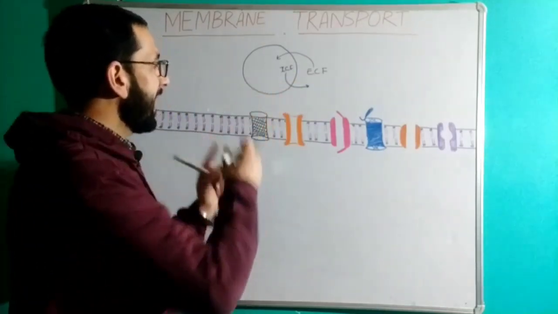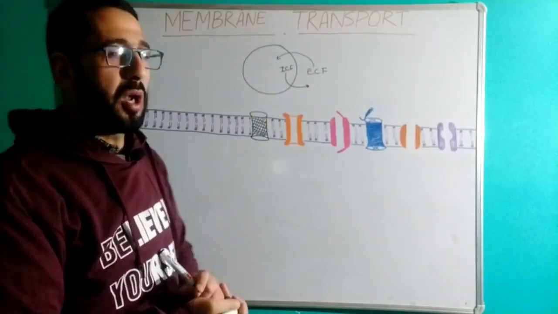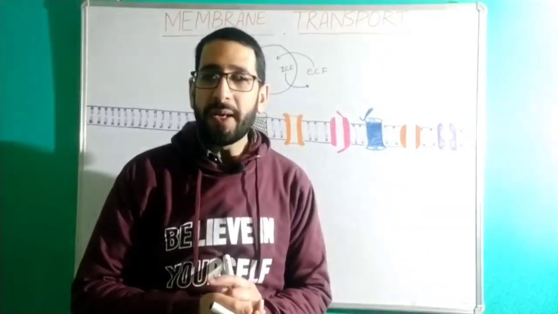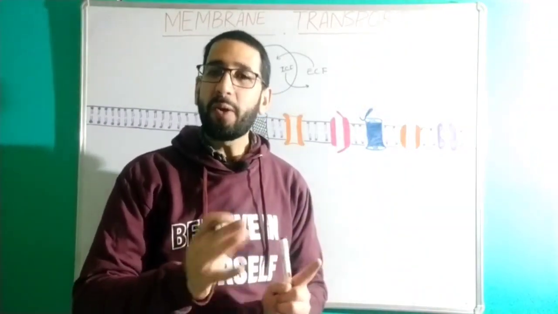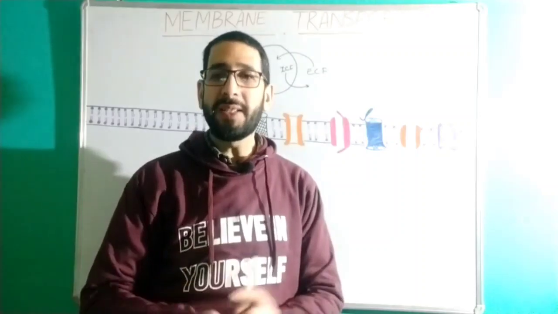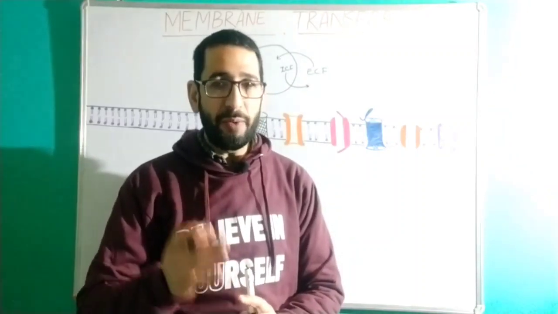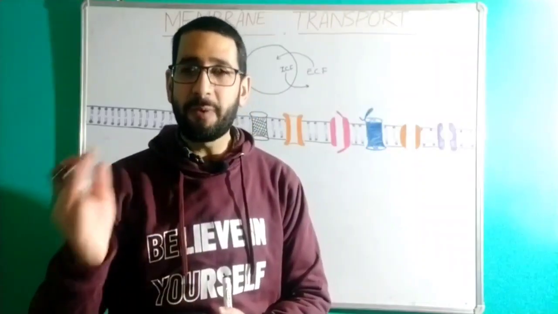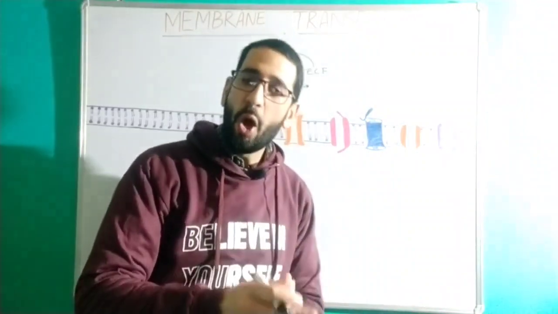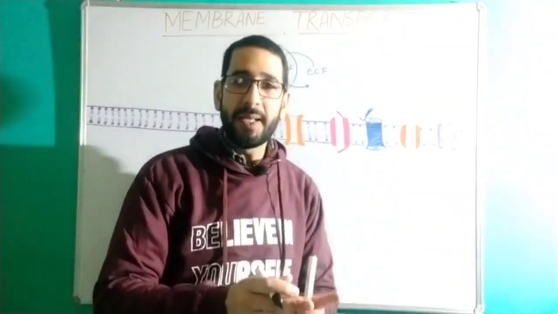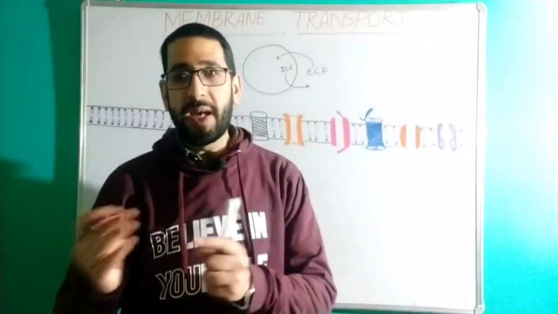This process is called membrane transport, or transport across the cell membrane. Across the cell membrane means either we are taking substances from outside to inside the cell, or from inside to outside the cell.